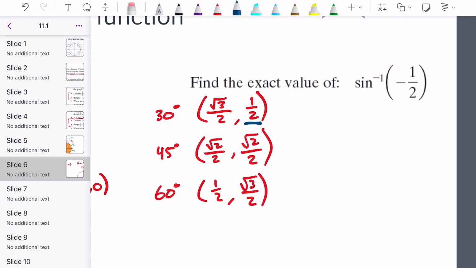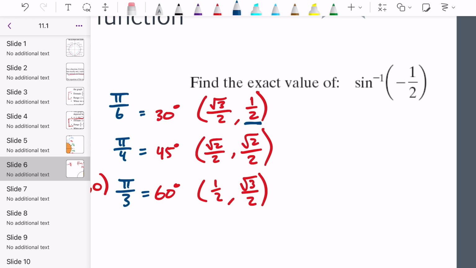Since our 30-degree angle has that 1/2 in the y position, we have to understand, once again, we are not keeping it in degrees, we are using radians. So 30 degrees would be the same as pi over 6, 45 would be pi over 4, and 60 degrees would be pi over 3.